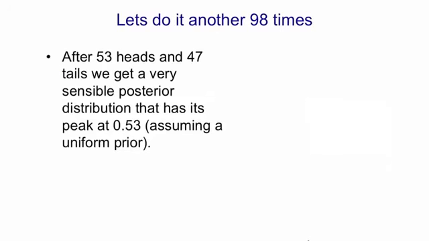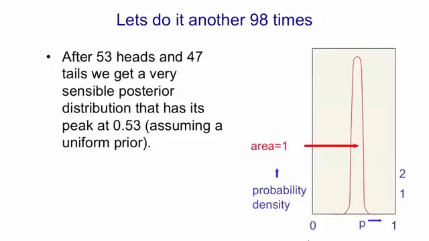If we do this again another 98 times, and keep applying the same strategy of multiplying the posterior we had after the last toss by the likelihood of observing that event given the various different settings of the parameter p, and let's suppose we get 53 heads and 47 tails in all, then we'll end up with a curve that looks like this.